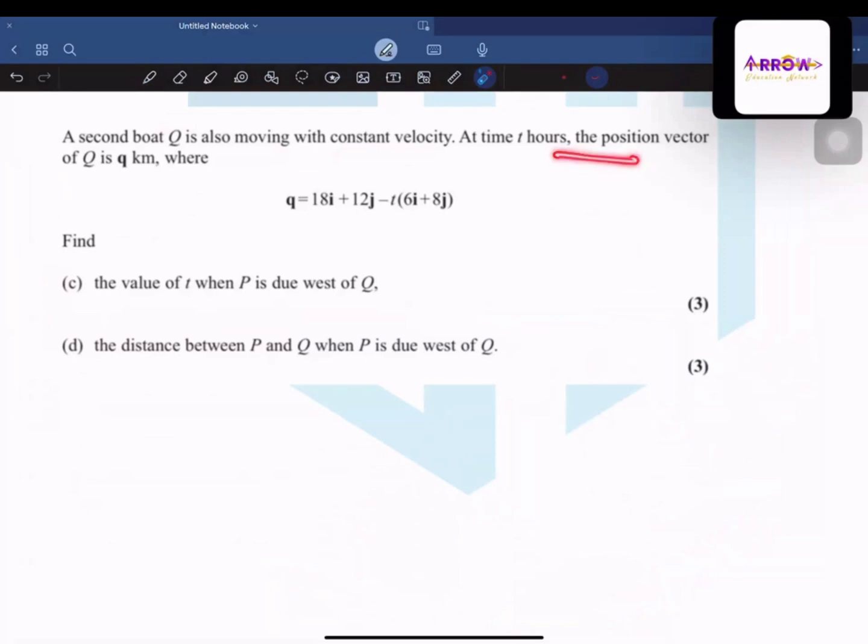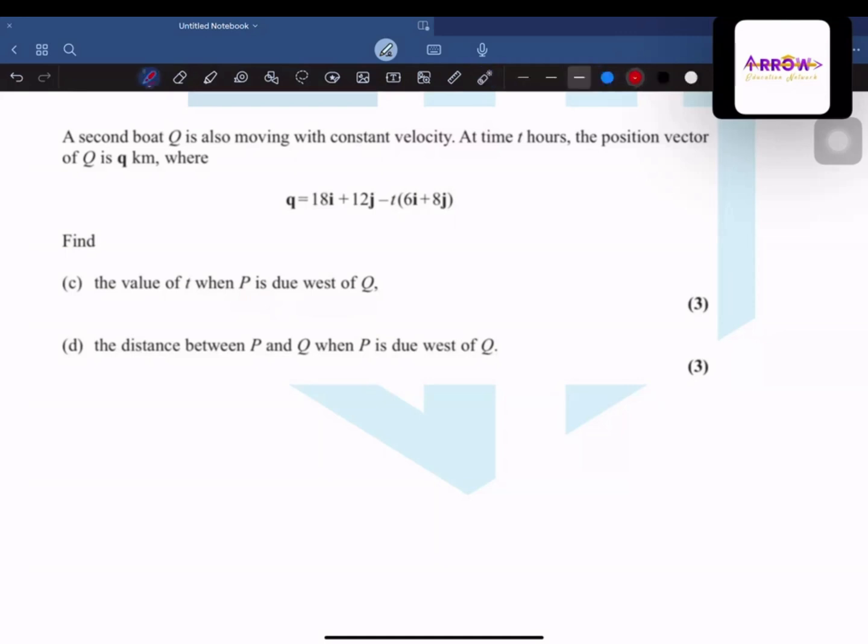At time t hours, the position vector of Q is small q kilometer, where the position vector of boat Q is given to you as 18i plus 12j minus t times (6i plus 8j). The requirement of part C is to find the value of t when P is due west of Q. Due west means horizontally towards the left.